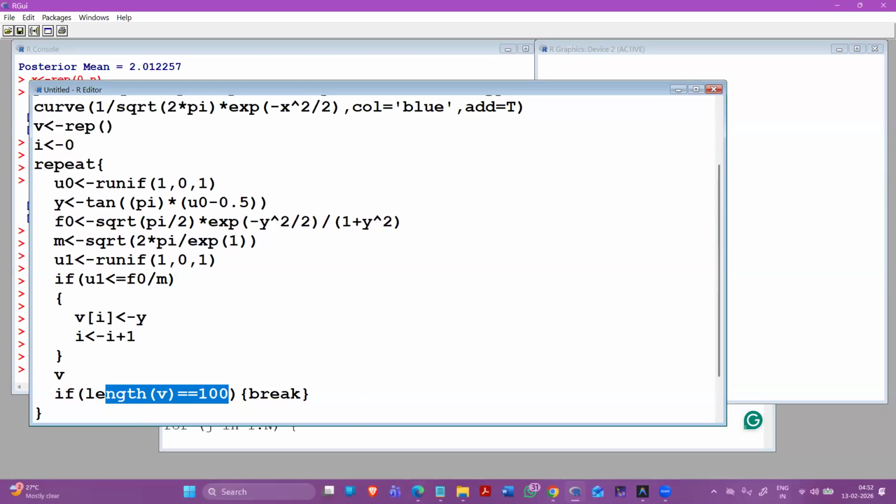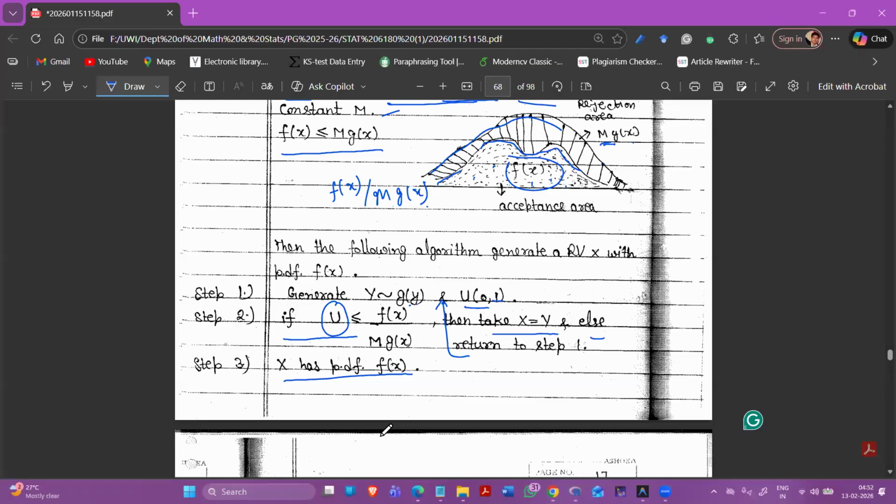Because if you just see here, the accept reject method says that first of all generate y from g y and generate u from the uniform distribution from 0 to 1, and then check this condition: u is less than or equal to f x divided by m into g x. If this condition is satisfied, x should be equal to y.